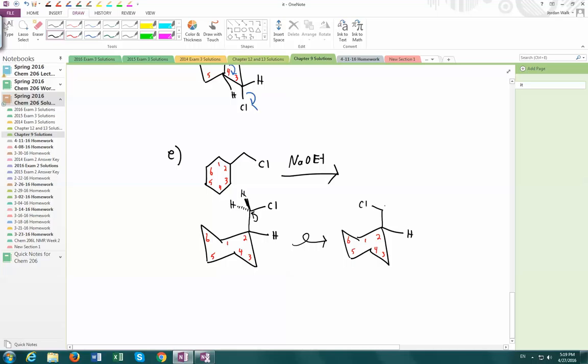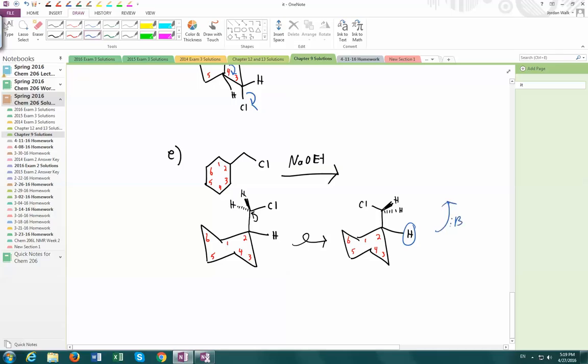I just feel like they make them too difficult. Or maybe not too difficult, but just not testing the basics very well. So I think we could end up with an anti-coplanar proton there. So I think we would end up doing elimination here.